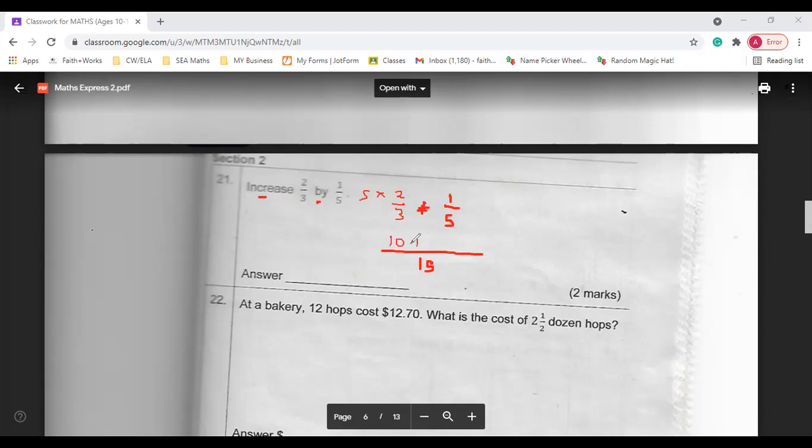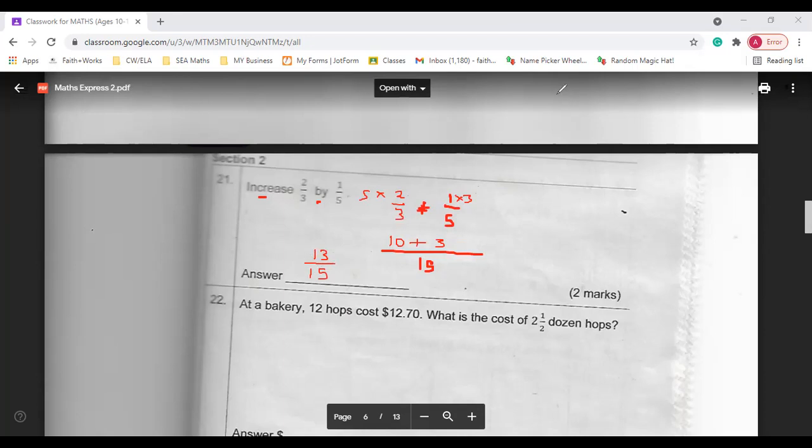Bring down the addition sign. 5 into 15 is 3. 1 multiplied by 3 will give us 3. Therefore, it is 13 out of 15. 13 fifteenths. So when we increase 2/3 by 1/5, it becomes 13 fifteenths.